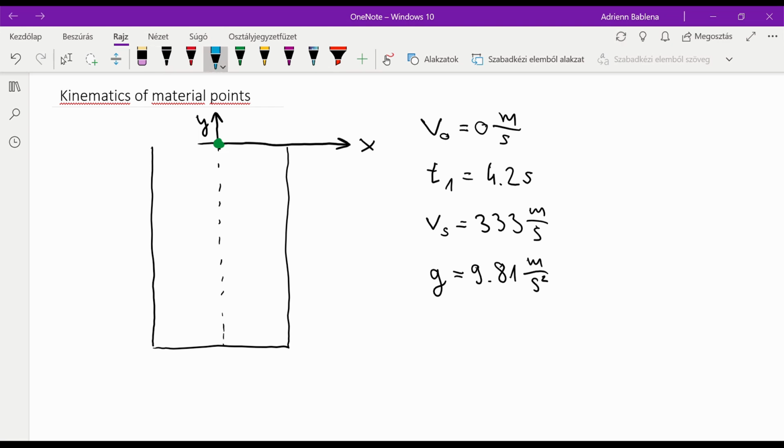So here is the g gravity in Y direction. A g vector, we have the dimension of the hole, for example, H.